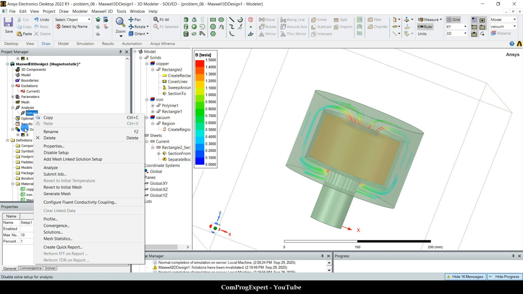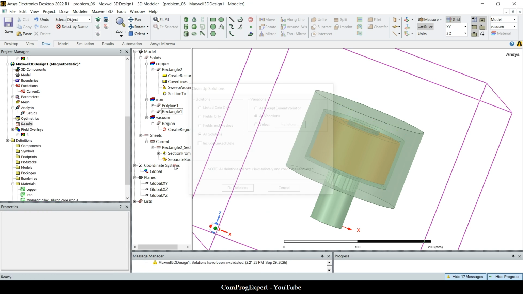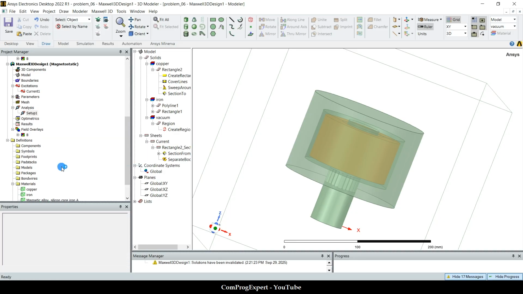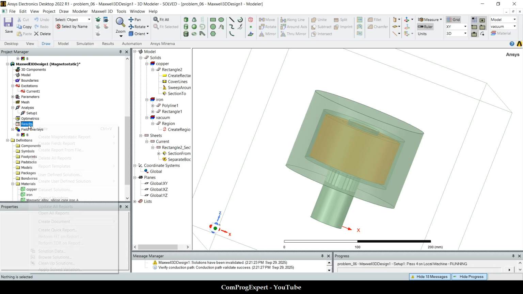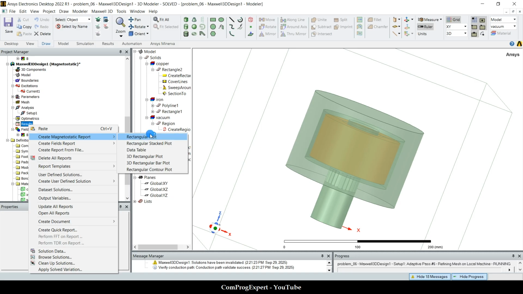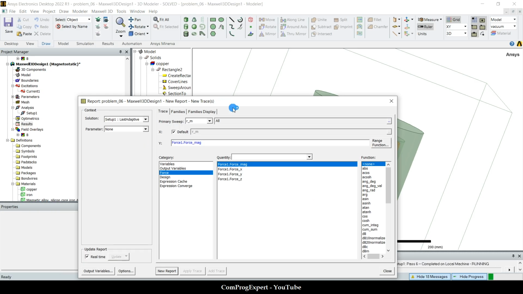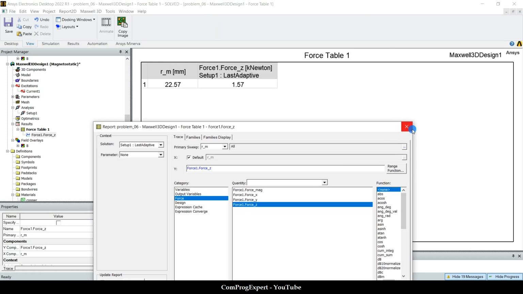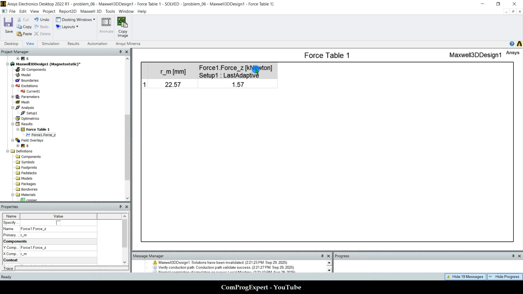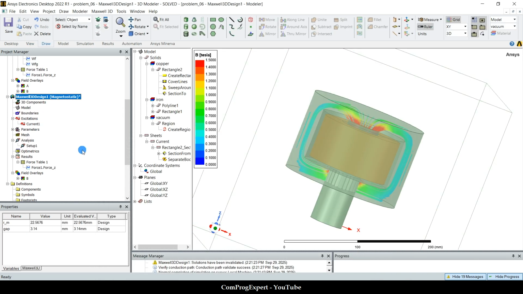So let's clean up the solutions and analyze the structure again to calculate the value of the force applied on the moving part. From the magnetostatic report, data table, we can check the value of the force for the moving part, the force along the z axis, 1.57 kilonewton, right? Again, a close simulation.